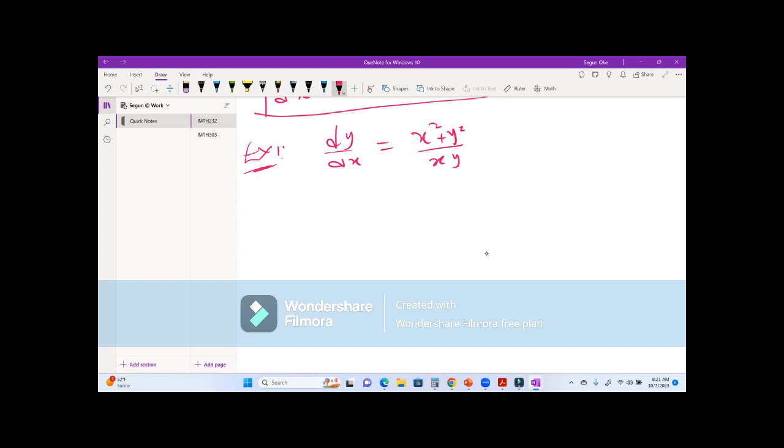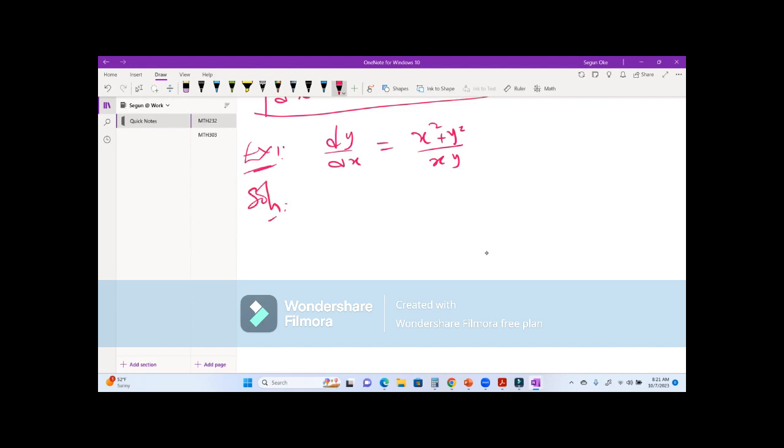Be sincere to yourself. Some of you might not be able to tell that you need the homogeneous method, but because you are in the class, you can see that you need to use the homogeneous method.